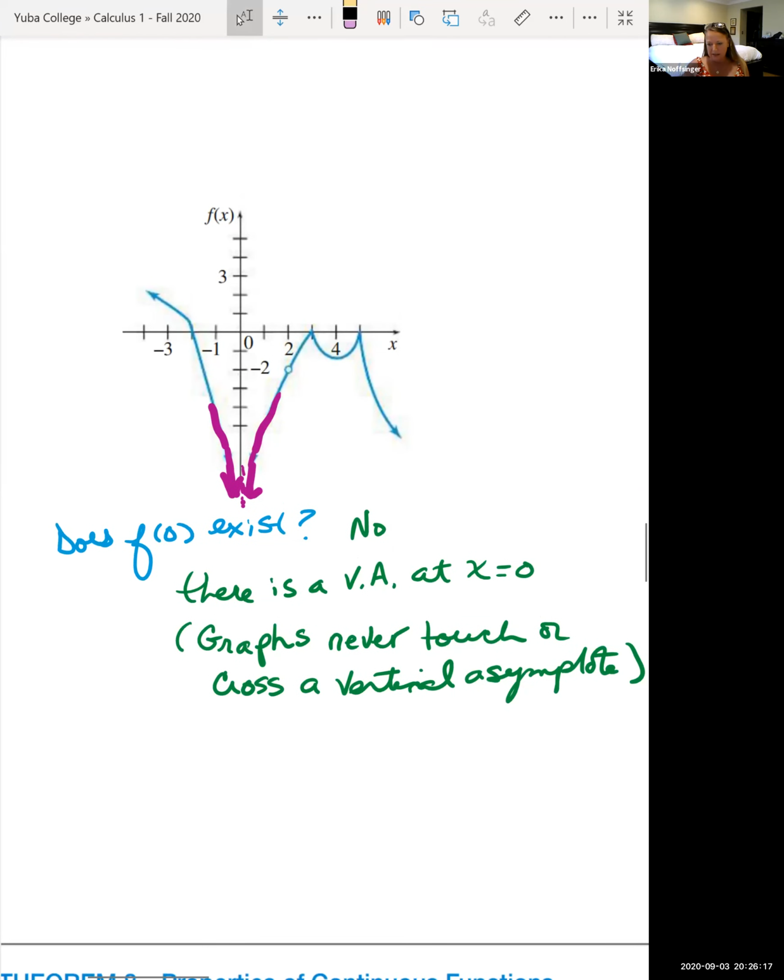Okay, what about the limit? Does the limit as x approaches 0 of f of x exist?